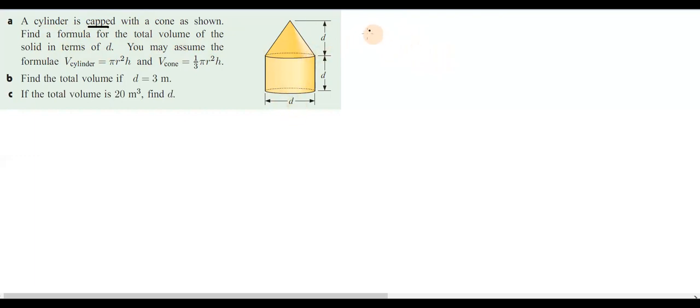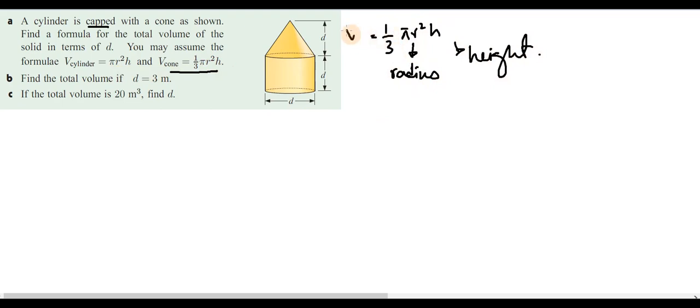For the conical part, we are given that the volume of a cone is 1/3 of pi r squared h, where r is the radius and h is the height. So 1/3 of that is the volume of the cone.